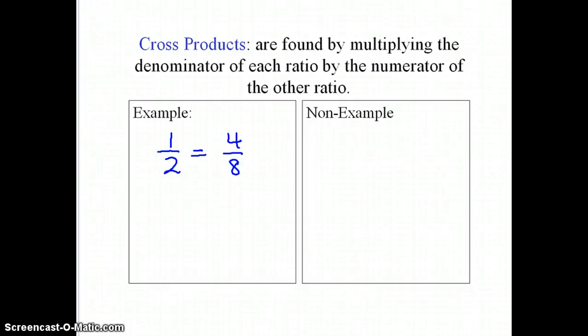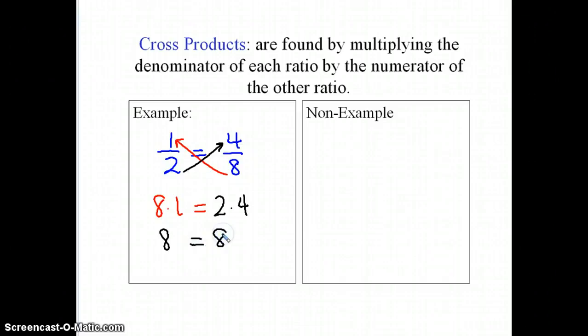I will now take the denominator and multiply it by the opposite numerator. 8 times 1 is equal to, and then I'll take the other denominator, multiply it by the numerator, so I have 2 times 4. I find that I have 8 equals 8. This shows how to complete a cross product. It also shows that this is a proportion.